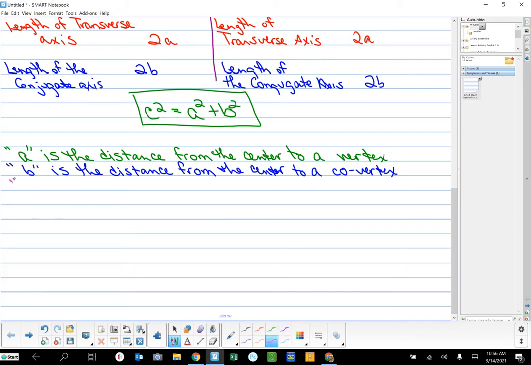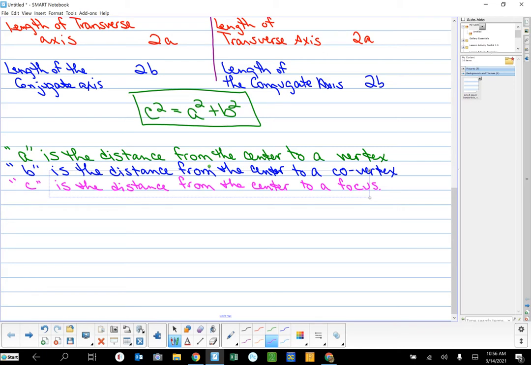And then C is the distance from the center to a focus. And remember, that's singular for foci, which is plural.